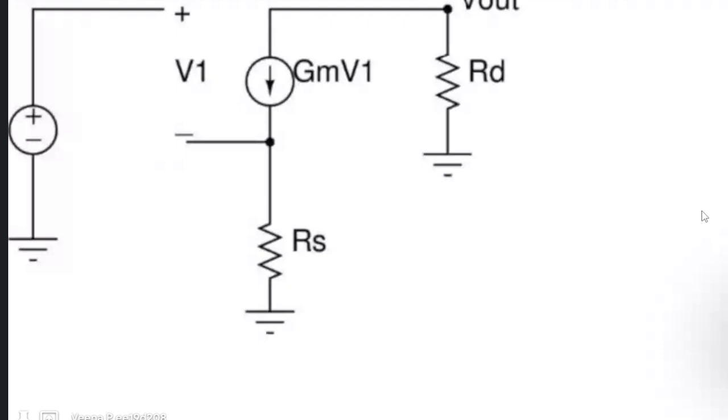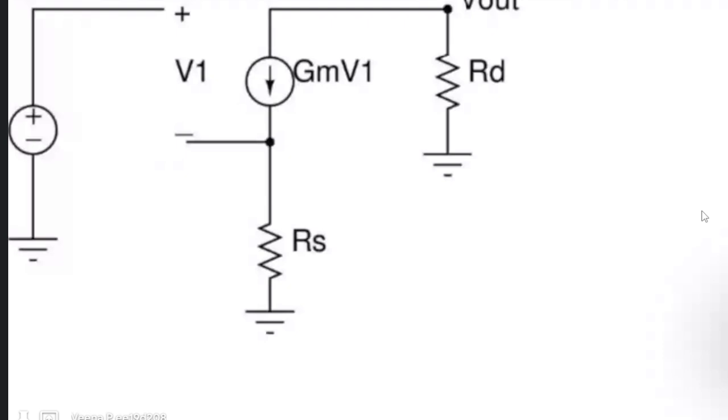As I have explained before, if you have a resistor and a current, the point where the current enters the resistor will have positive polarity, the higher potential. Since the current GMV1 flows in this direction, plus is here and minus is here.